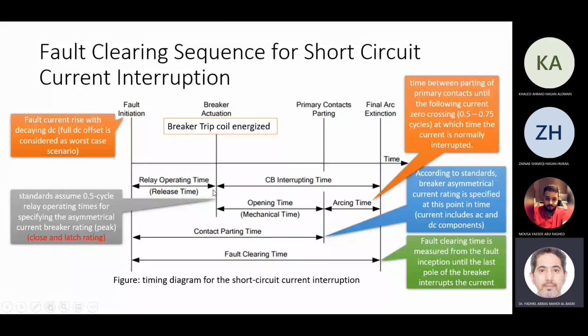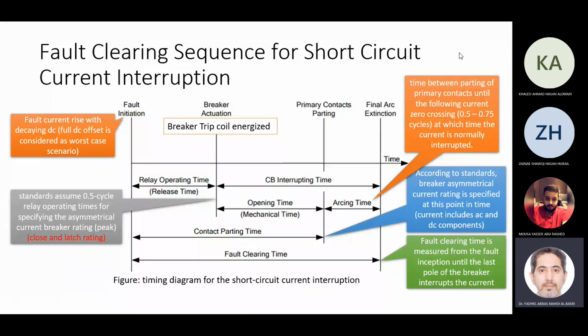Now, after a breaker physically starts opening its contacts, there will be an arc initiated between the contacts and it takes time until it's fully extinguished using the techniques I have mentioned before. So the arcing time depends on whether there is a zero crossing in the current.